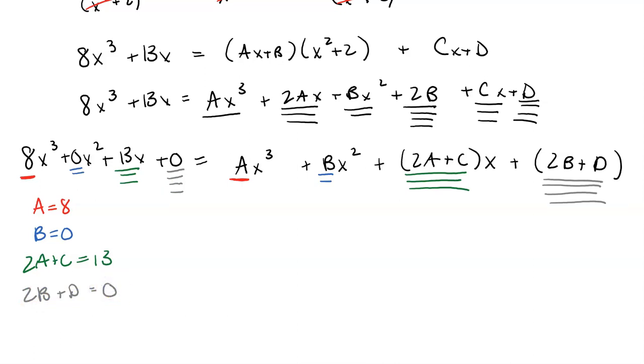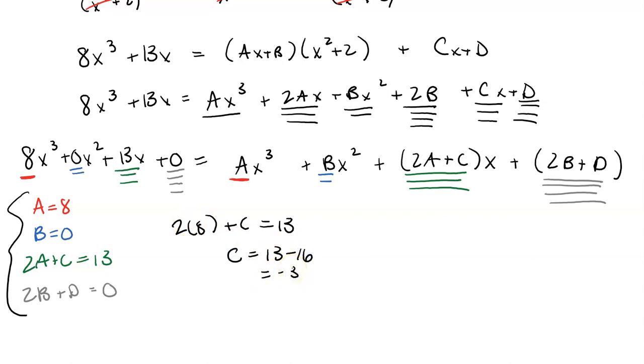So this is really easy to solve. Thankfully, we already know what 2 of the variables are. So to find C, we'll have 2 times 8 plus C equals 13. So that's a 16. So we get C equals -3. And 2B plus D is 0, so 2 times 0 plus D equals 0.